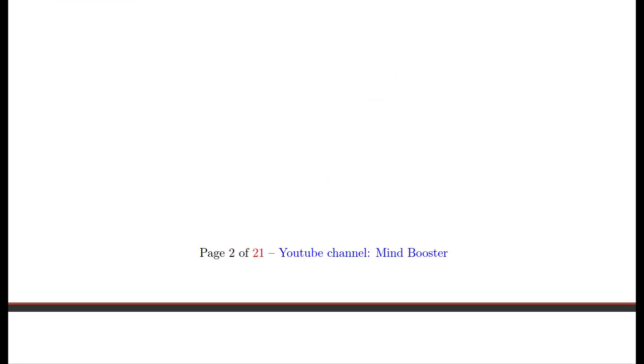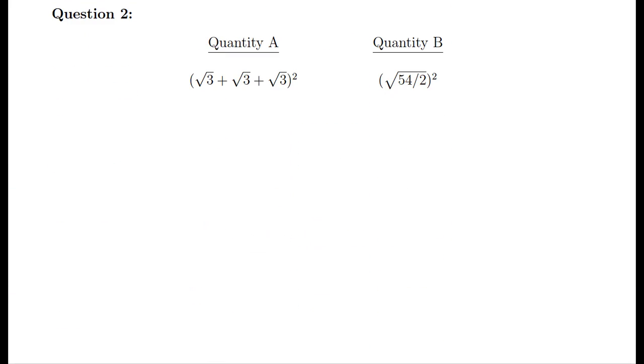Let's go to the second question. In the second question it is asked: the square root of 3 plus square root of 3 plus square root of 3, all squared, compared to the square root of 54 over 2, all squared. Okay, here you should think that square root of 3 is like an apple, and you have 3 of them.